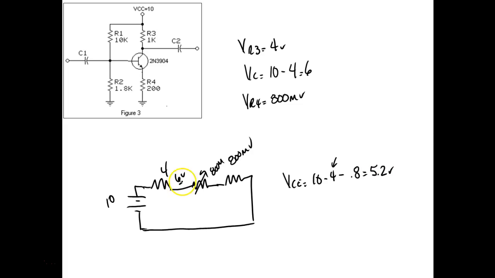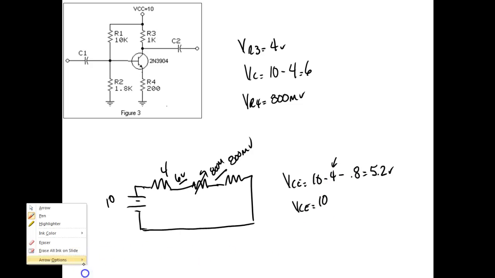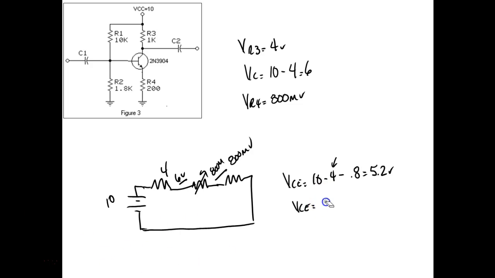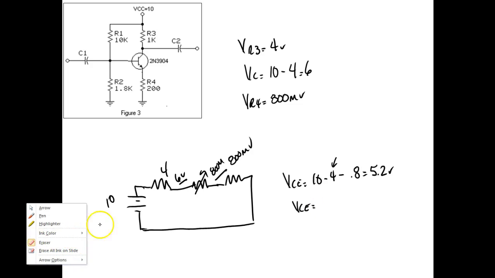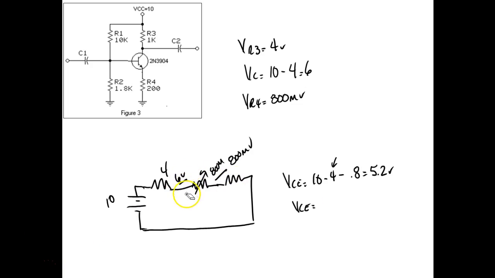Or I can take this voltage here, which is 6 volts, and that voltage there, which is 800 millivolts. So voltage collector to emitter would be equal to 6. This voltage, so it's a difference in potential, right?